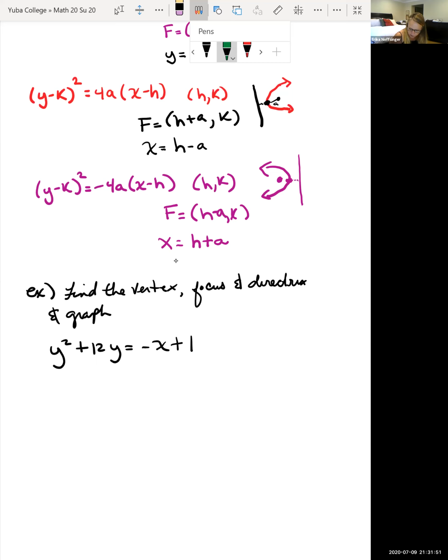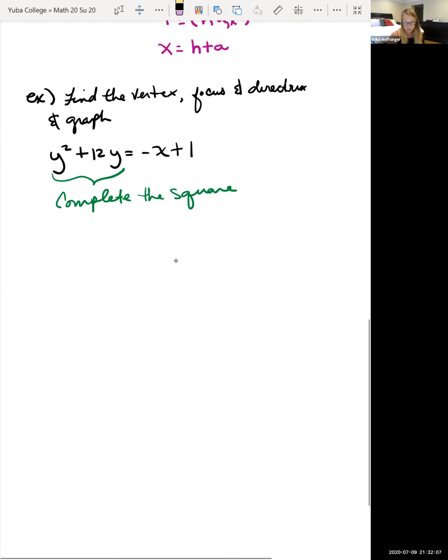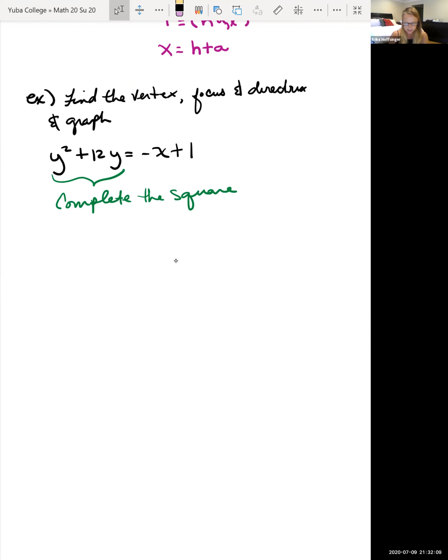So we want to complete the square. My coefficient in front of the square is 1, so I don't have to make it 1 by dividing through. So that's nice. All I have to do is look at what I need to add to y squared plus 12y to make this a perfect square.